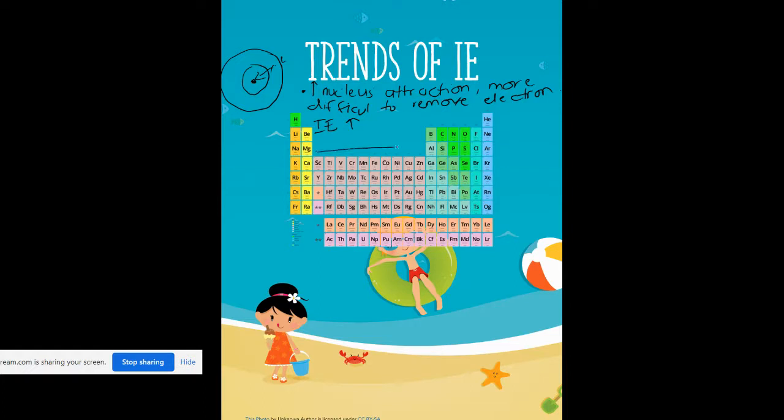Now, across a period, what happens to nucleus attraction? Nucleus attraction gets stronger, right? Therefore, what happens to IE? Stronger attraction means more difficult. Therefore, IE increases. What happens down a group? What is the factor for down a group?